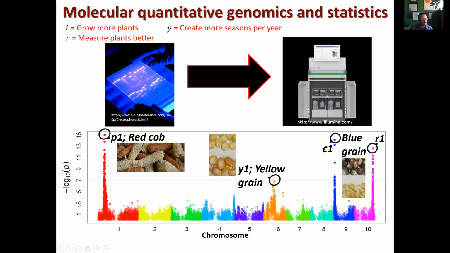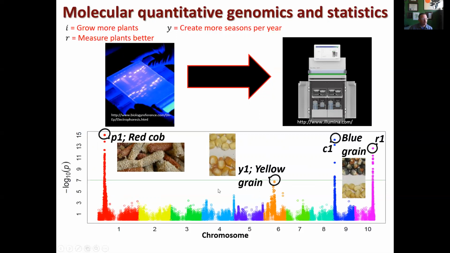And so what we can see here is on the y-axis is the significance. On the x-axis is the genetic markers across the chromosome in maize. By combining our phenotypic data, that is measurements for whether or not the plants were red cob or white cob, or whether the grain was white or yellow, or blue, we were able to identify regions of the genome where the variation for these traits is conditioned.